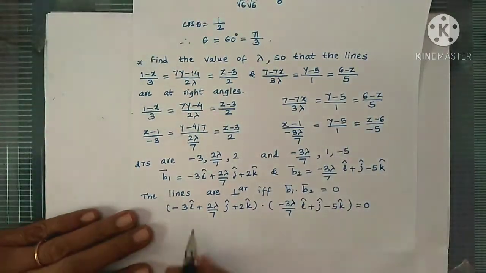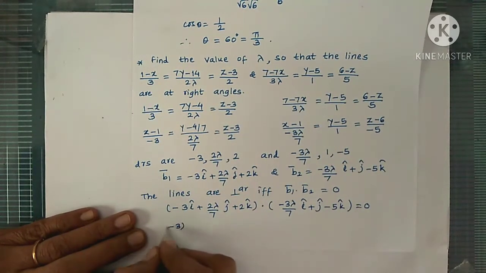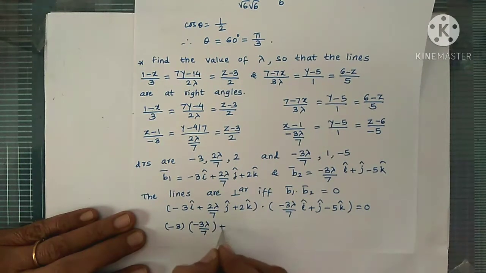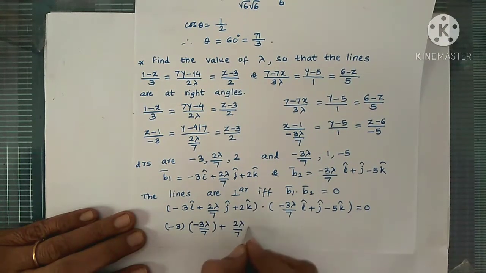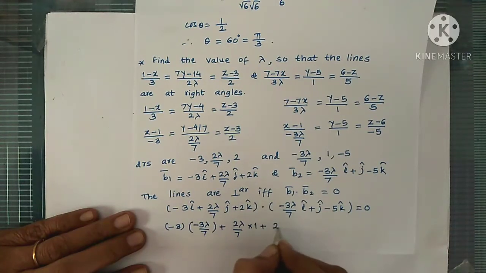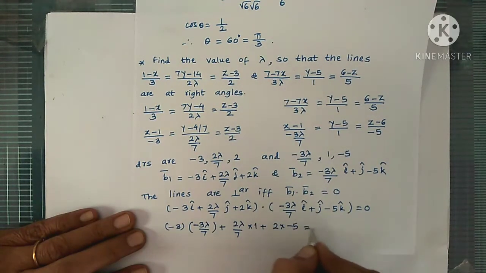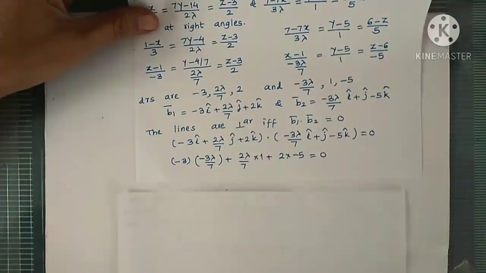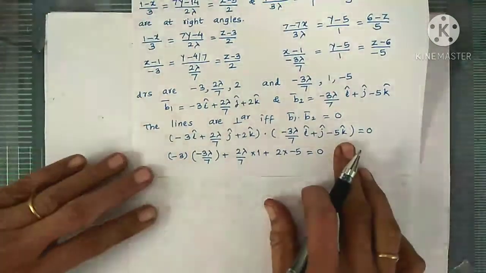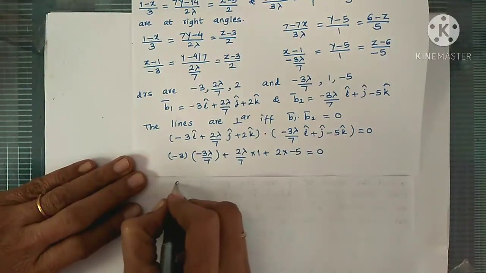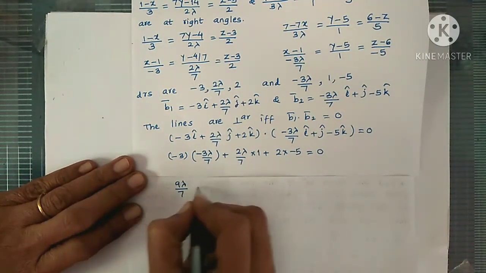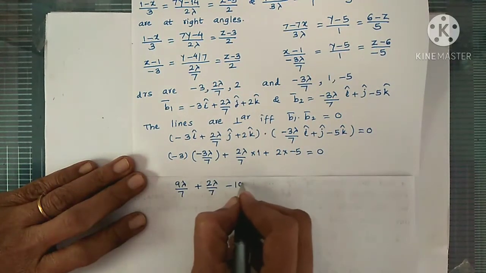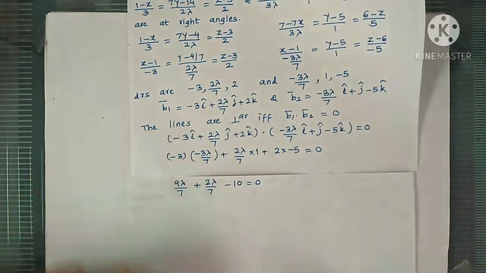So the product is minus 3 into minus 3 lambda by 7 plus 2 lambda by 7 into 1 plus 2 into minus 5 equals 0. So this becomes minus 3 into minus 3 lambda by 7 is 9 lambda by 7, plus 2 lambda by 7, minus 10 equal to 0.